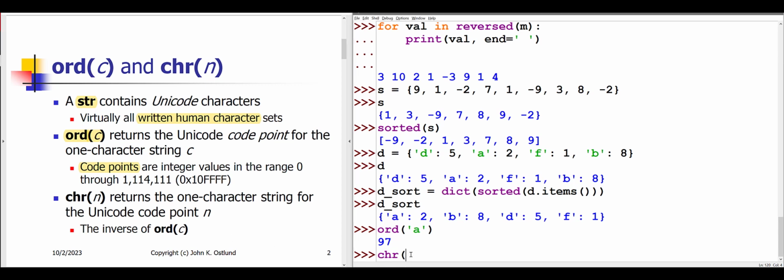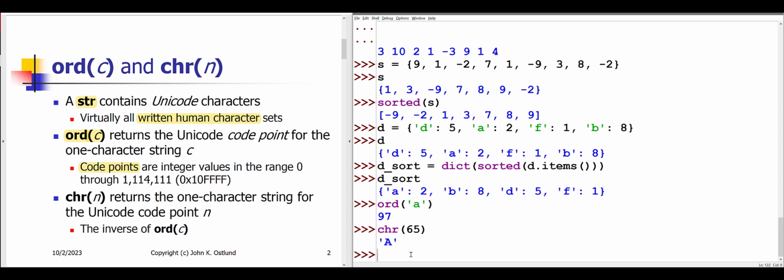Because of the huge numbers of written human character sets with different cases and all kinds of special characters. So if I ask for the character corresponding to the code point 65, that turns out to be the capital A. All right, so ord and chr are inverse of each other.